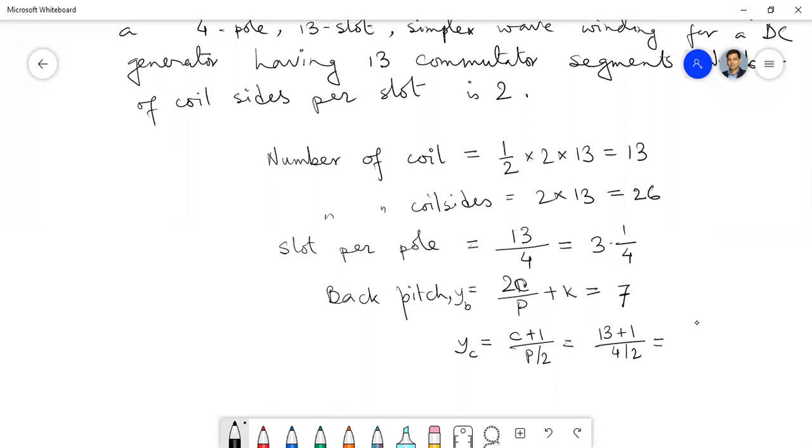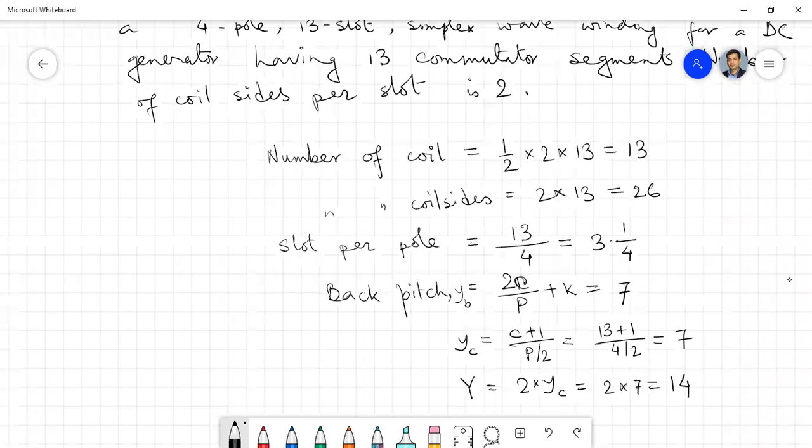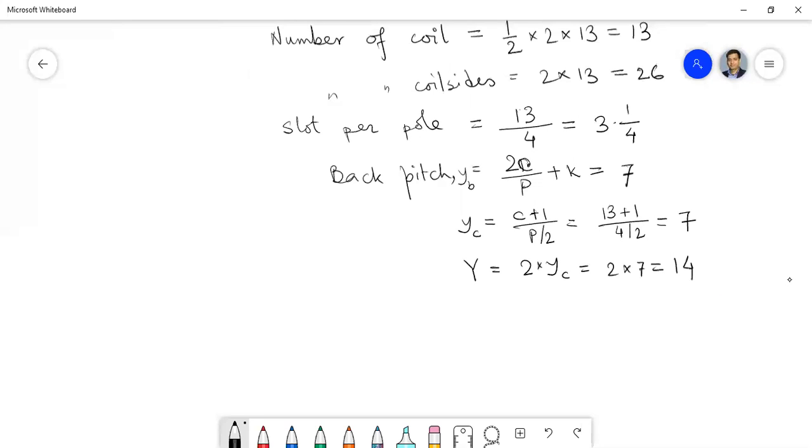So 14 by 2, that means again it is also 7. And what is the winding pitch? Y is 2 into YC, 14. So these are all the parameters which we have to determine before going into the winding diagram.